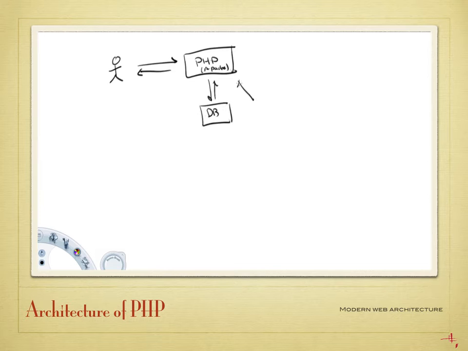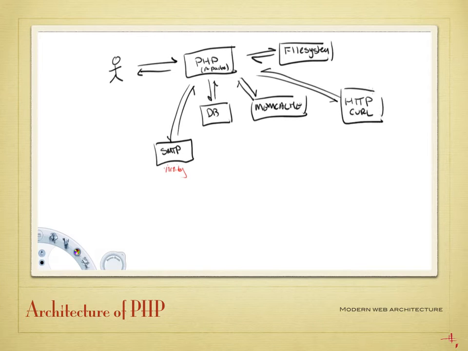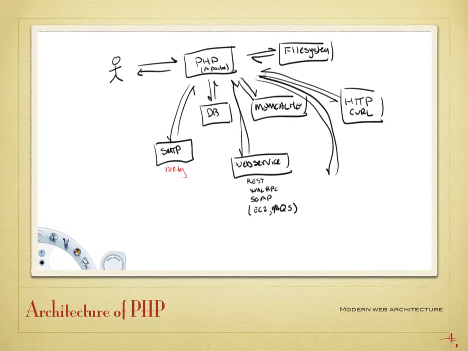Typically, that's the original way, PHP and DB, but now we add a Memcache and a file system. There are just a lot of things in the PHP system that we're connecting to, and PHP sits as a component inside that system. And that's really PHP's success as a language, whether you talk to Rasmus, or you saw Rasmus talk recently, just 2 hours ago, or just in general. It's been its success.